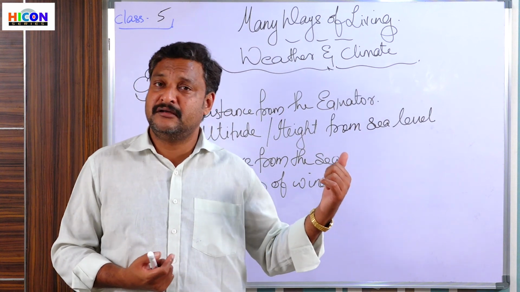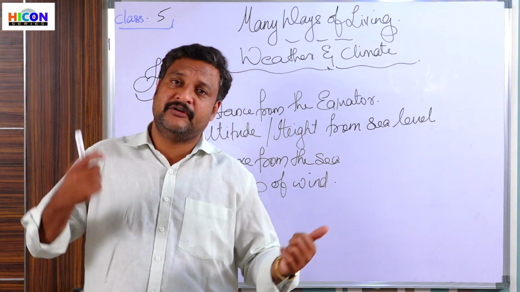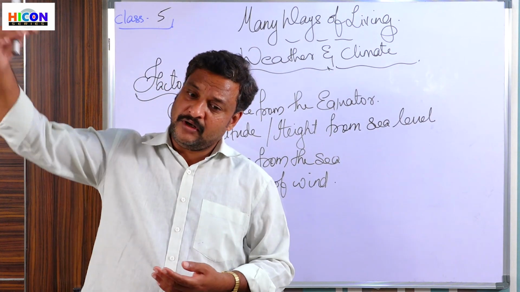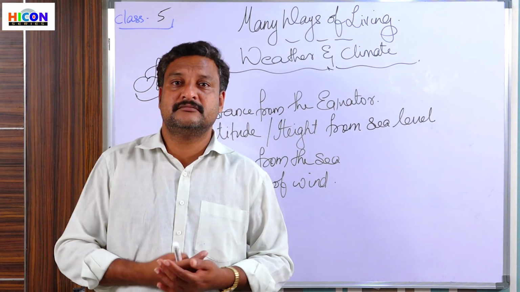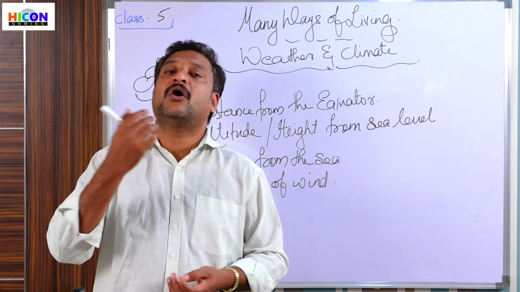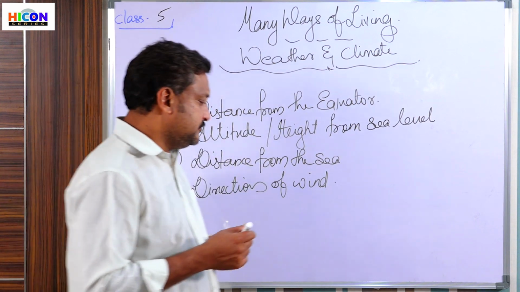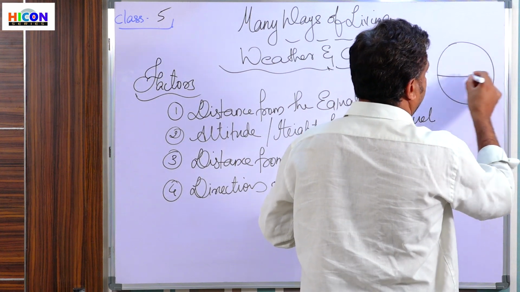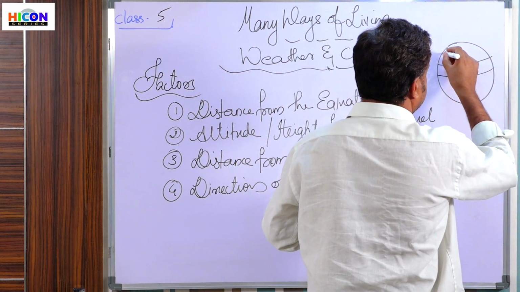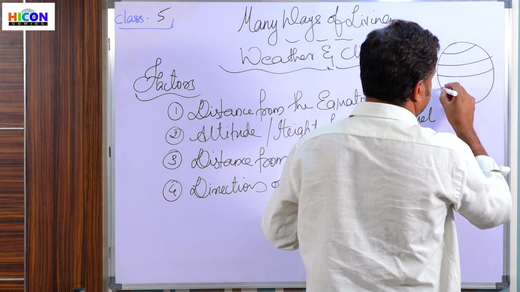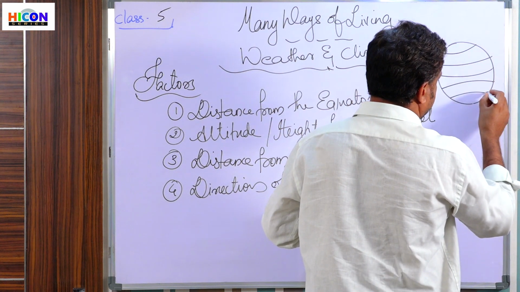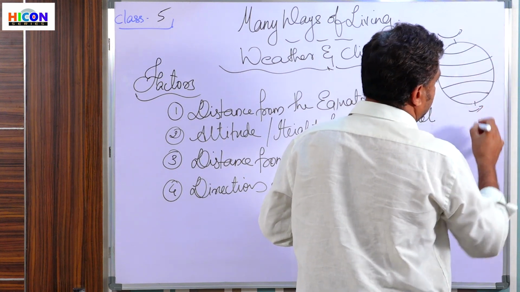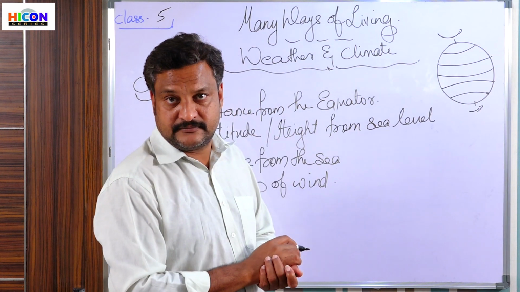We have just seen the land breeze and the sea breeze. Yes, from the cooler region to the hotter region. Okay, so we know Earth is spherical in shape, and this is the rotation movement of the Earth, right?